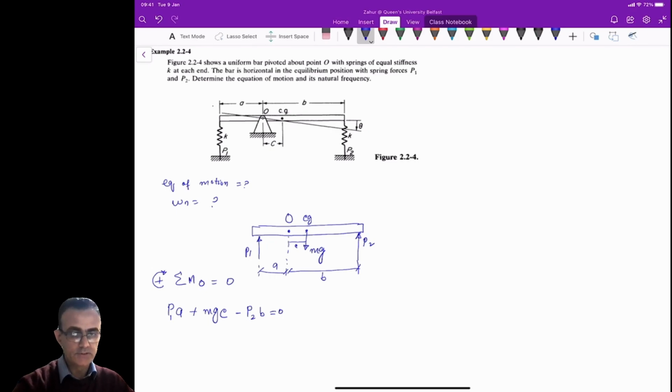So this is the equation at equilibrium position here. Or you can say that P1A plus mgc minus P2B equals 0 at equilibrium position.